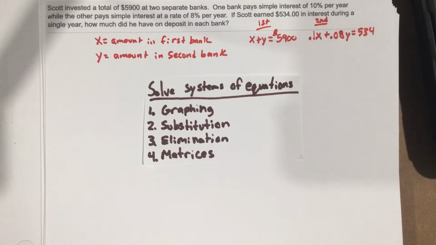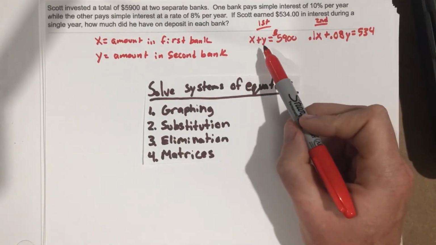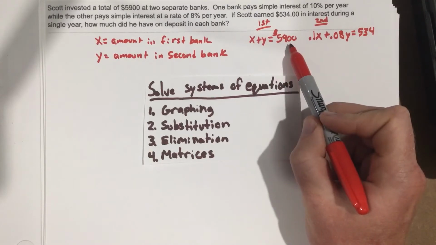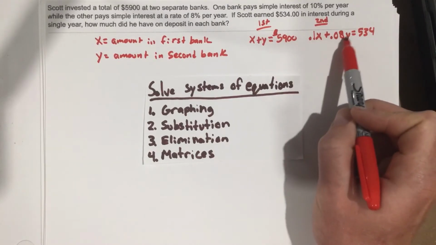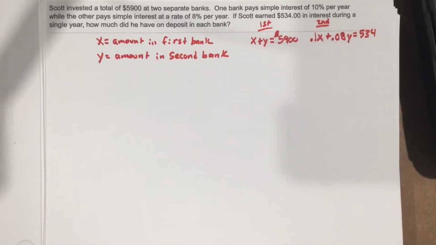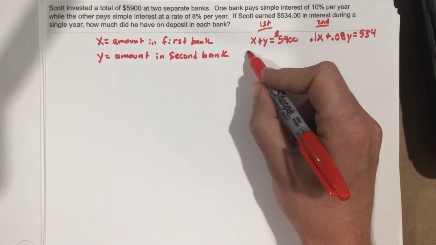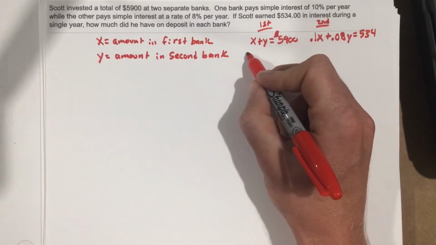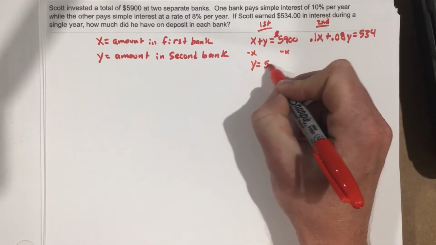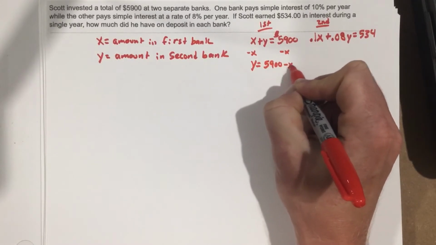I think I'll use substitution here because I think it's easiest to just subtract X over to this side and then plug that in for Y and solve for X there. So let's do that. I'm going to get minus X here. So I get Y equals 5,900 minus X.